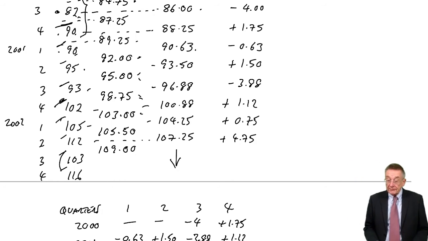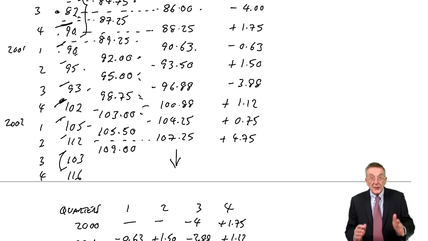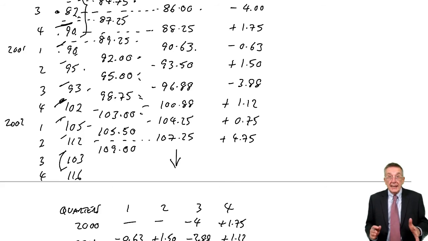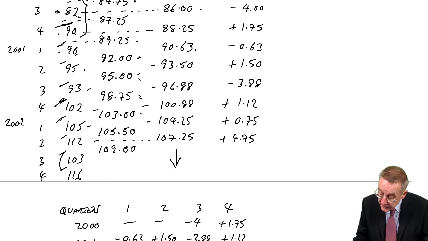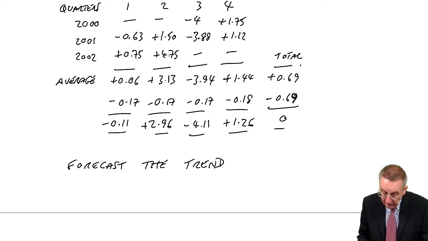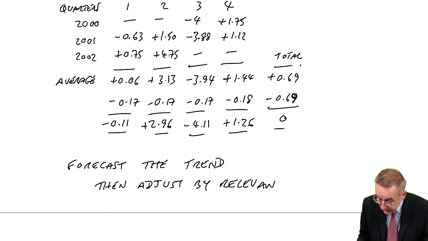Or as I said before, if it appeared to be more or less linear, then you could use regression and forecast using that. But having forecast the trend, you would then adjust by the relevant seasonal variation.